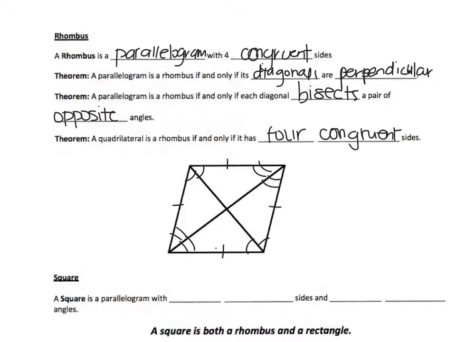And lastly, when the diagonals bisect each other, because that is a parallelogram, and that they are perpendicular, which means all of these angles are right angles, which means when diagonals are drawn in a rhombus, it creates 4 right triangles.